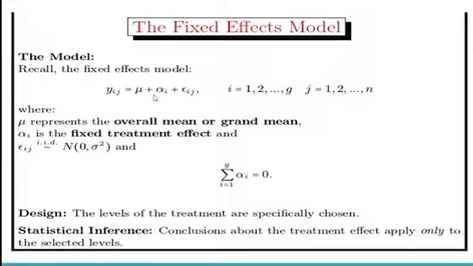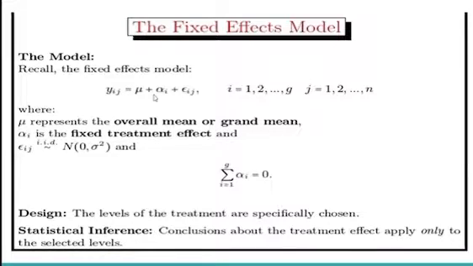That was why I said the levels of treatment are specifically chosen. You specifically choose them as if there are no other levels that you are interested in. Therefore, you don't need any inference because you are already working with the entire set of levels you're interested in.